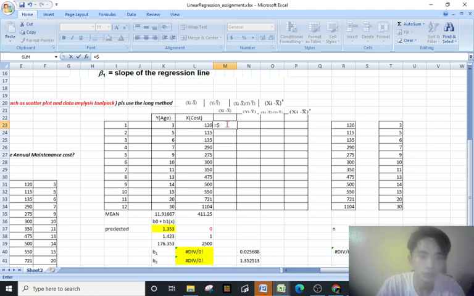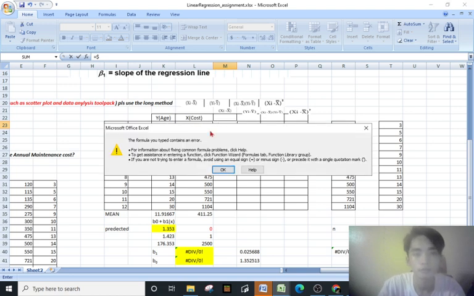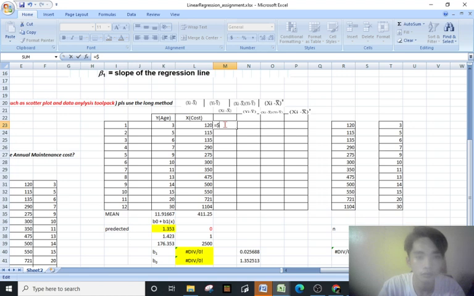So let's get the first one. Click, then minus, and don't forget to lock by using the dollar sign.